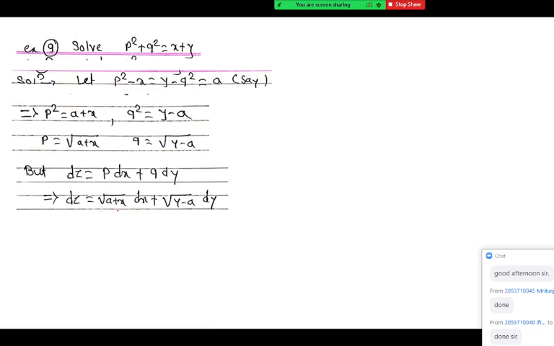Yes, no one is able to integrate it. So 2 by 3 a plus x raised to 3 by 2. Correct. Similarly, 2 by 3 y minus a raised to 3 by 2. That will be the integration of the second.